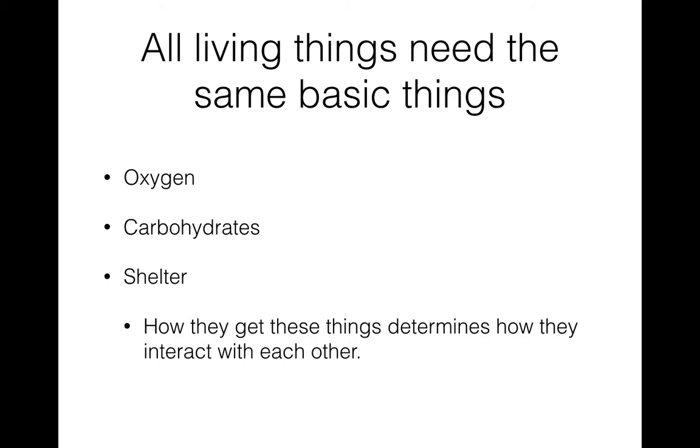And this is all because all living things need to have the same basic things. They need to have oxygen if they are aerobic organisms. They are multicellular organisms with mitochondria. They need to have carbohydrates to make ATP. And they need shelter. And how they get these things is going to determine how they interact with each other.